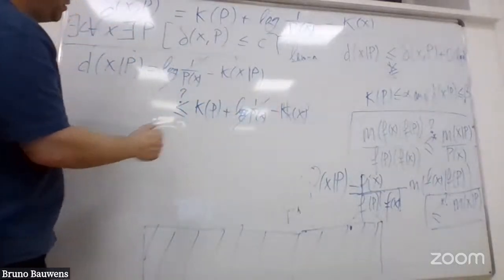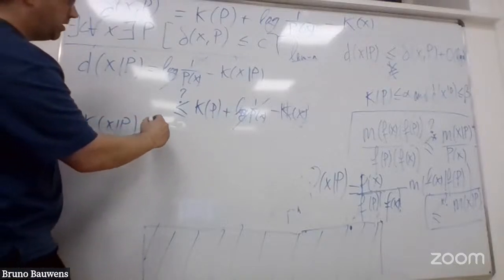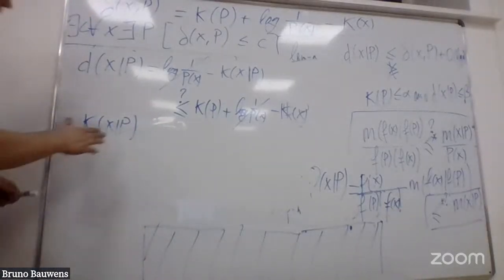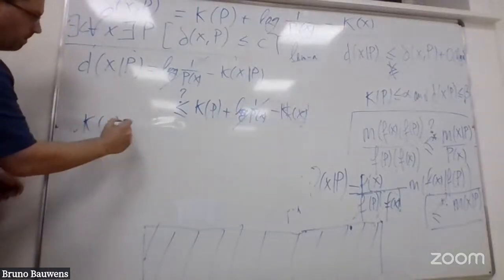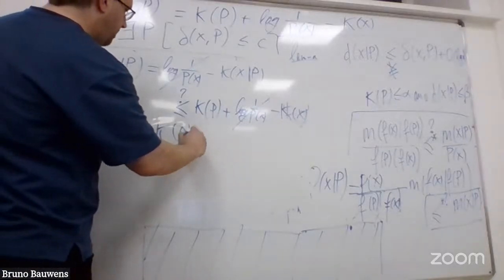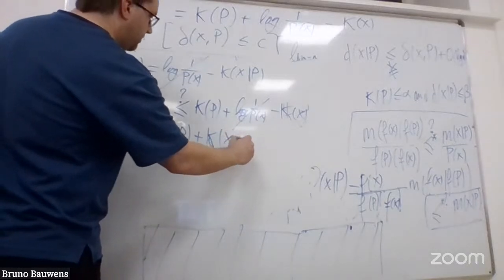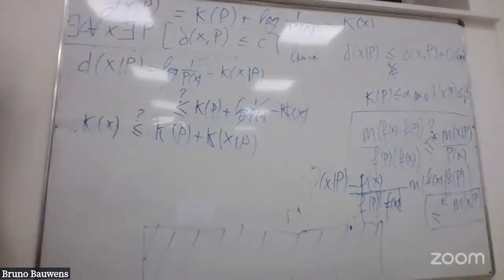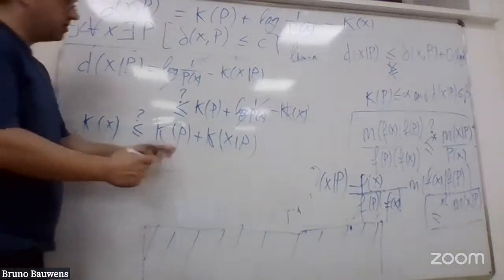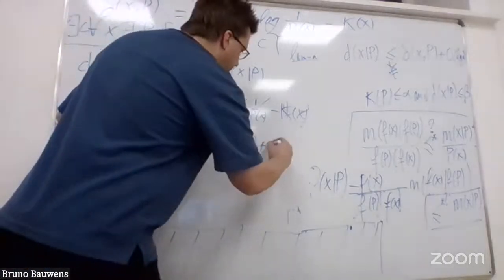What is left, if we reorganize it, is K(x) smaller than K(P) plus K(x given P). This is true up to a logarithmic term.